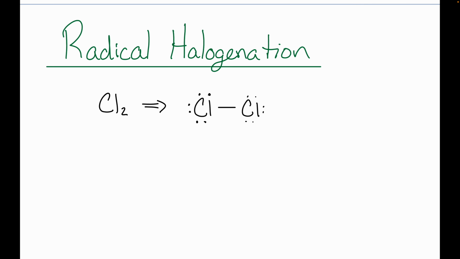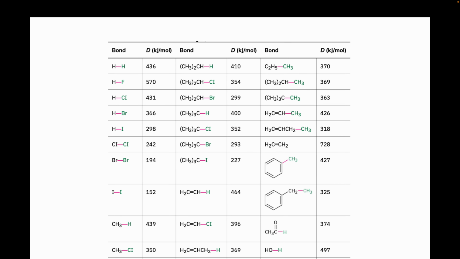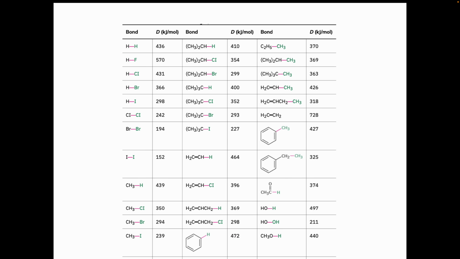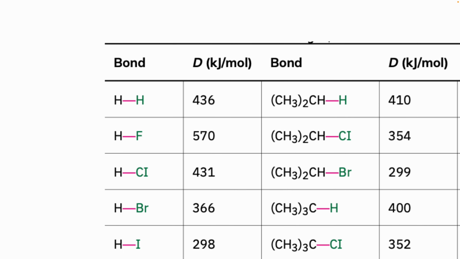One of the things to note about these halogens, let's go look over here. This is a table of what's called bond dissociation energies. This is how much energy you have to put in to break a particular bond. For example, if I had hydrogen gas, H2, to break that hydrogen-hydrogen single bond, I'm going to have to put in 436 kilojoules for every mole of hydrogen atoms that I have.